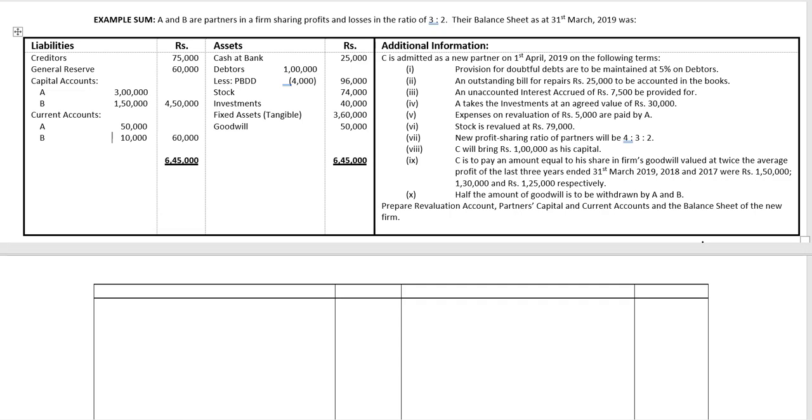So let's begin with the solution. Solution. Revaluation account.